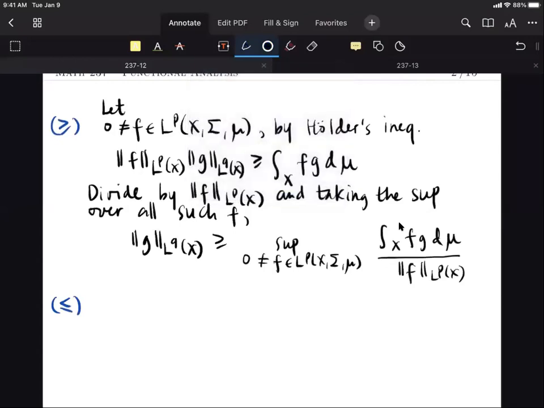For the reverse one, we wish to establish a specific f, in terms of g, for which this supremum is attained.